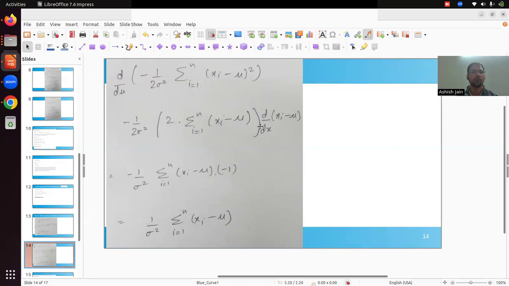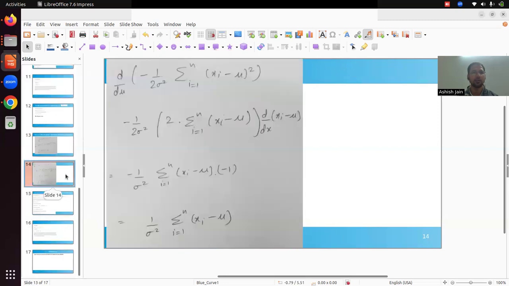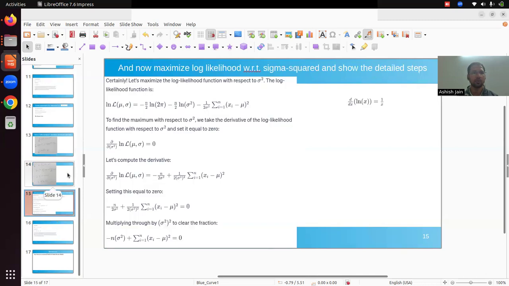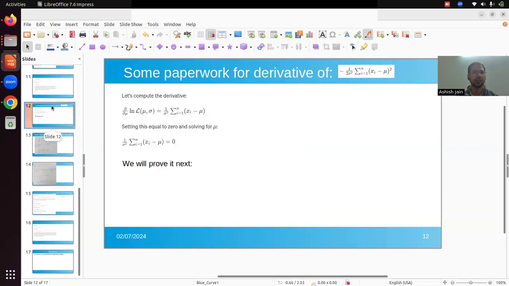And what comes after is the derivative of xi minus mu, as given by the second identity in this slide. And hence we arrive at this point where we have proved it to ourselves.